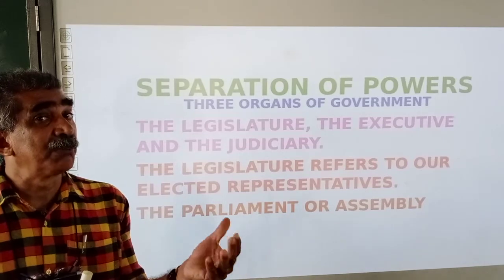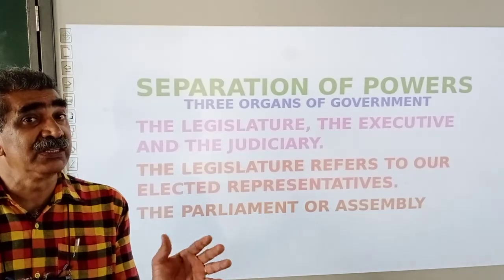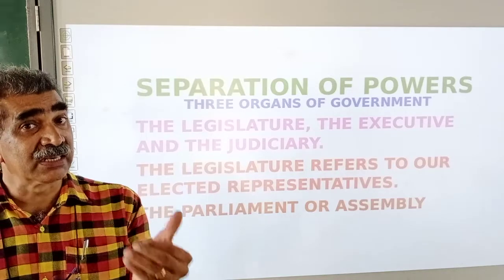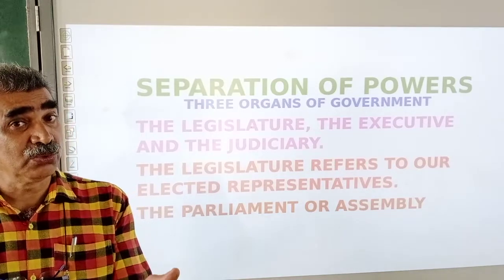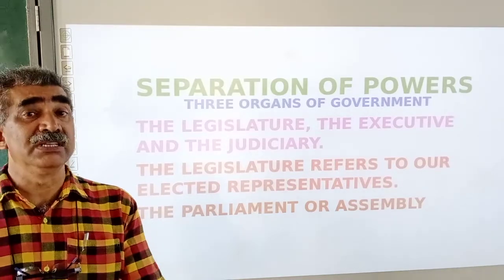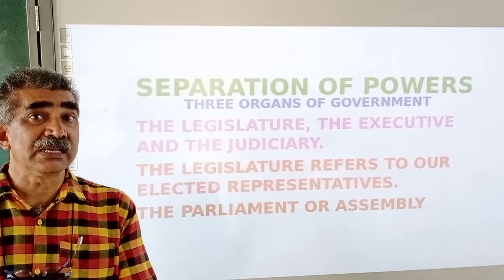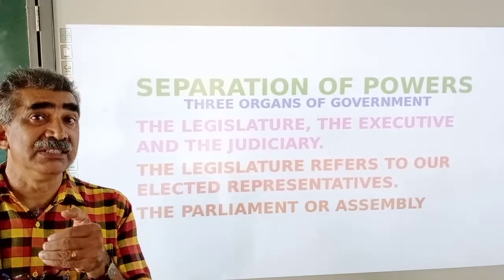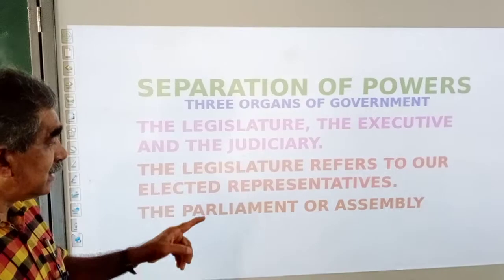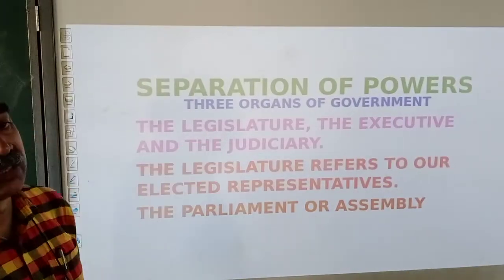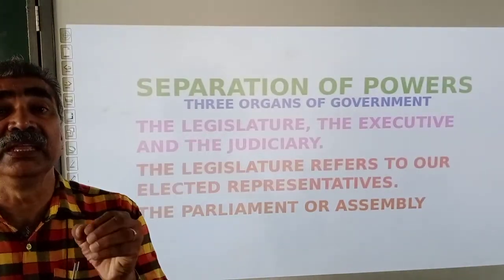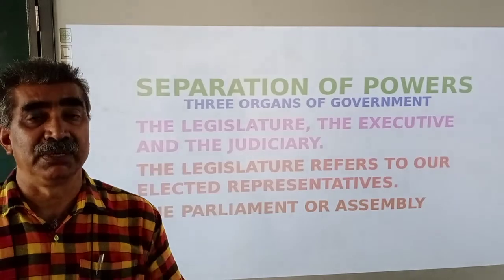We have seen the separation of powers between the union list, state list, and concurrent list. As per those lists, the laws are made by the legislature. So that is known as the legislature, the law-making organ of the government.